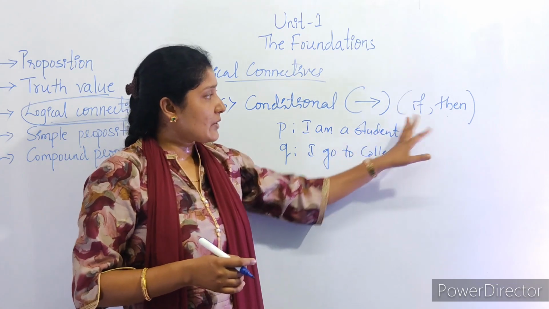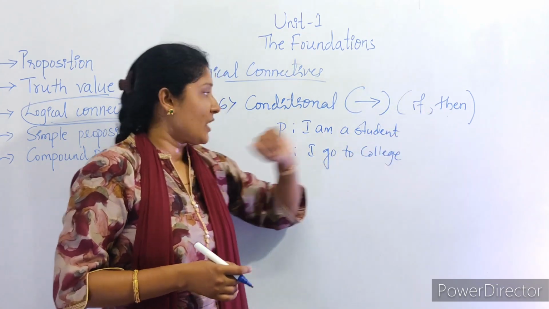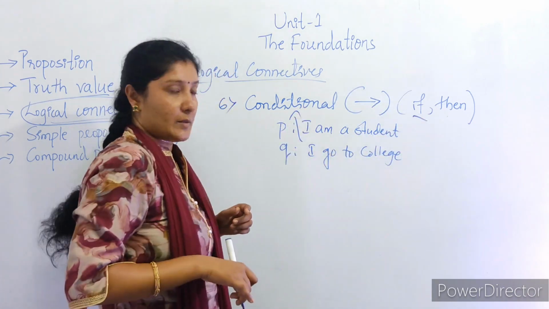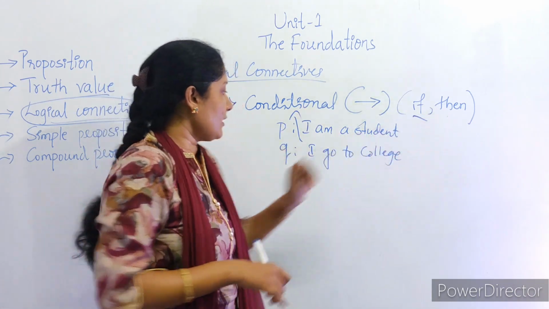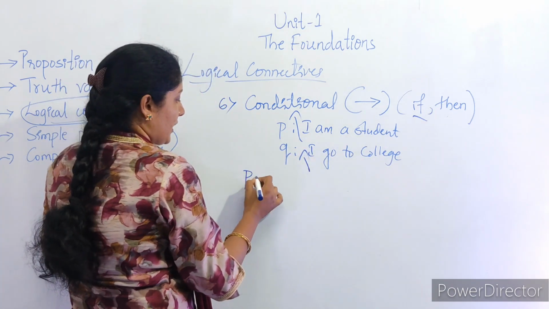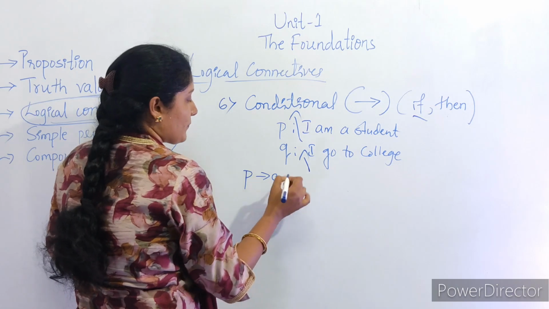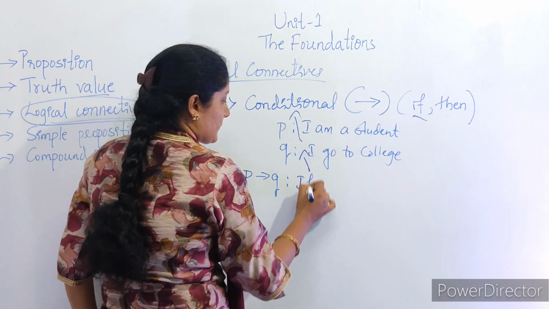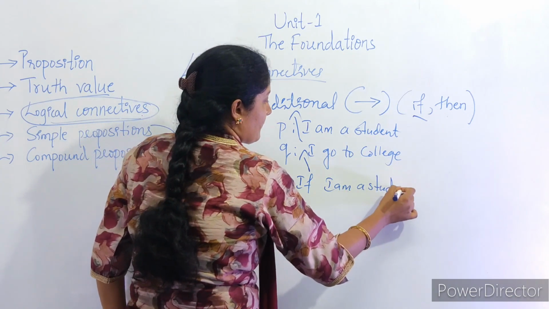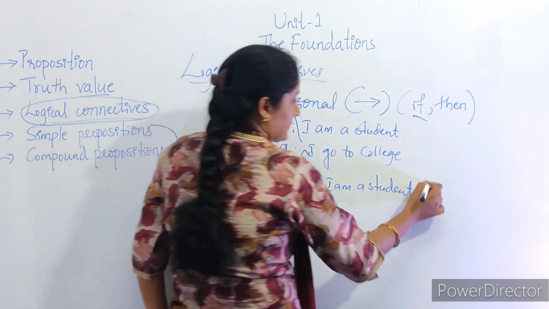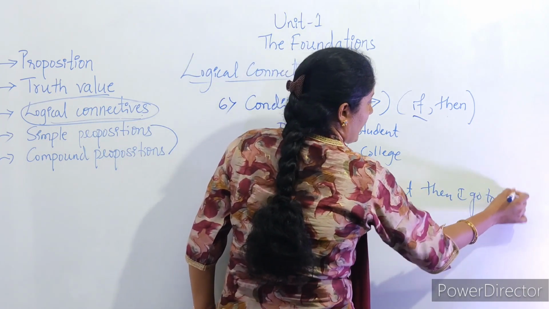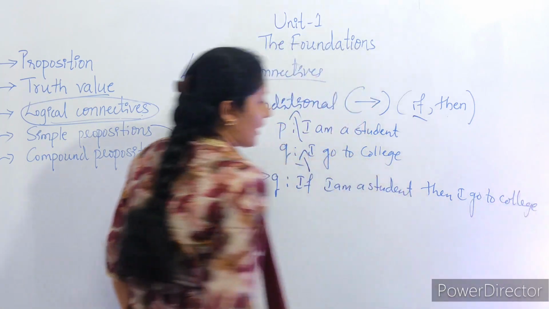Now I am supposed to use these two words, if, then. I put if before the first proposition and then before the second proposition. Now I write it as P conditional Q: if I am a student, then I go to college. So this is how I write.